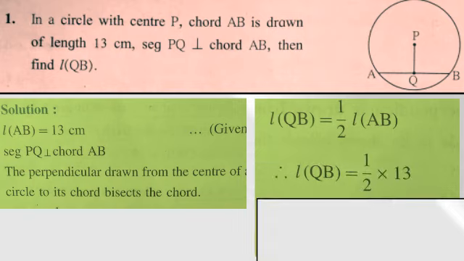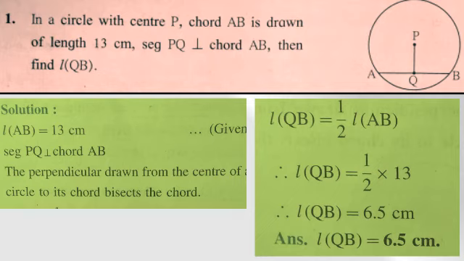Therefore, length of QB is equal to 1/2 multiplied by 13, because the chord AB is 13 cm. If we do the calculation, we get the answer: length of QB is equal to 6.5 cm. Let's write the answer in words, that is, length of QB is equal to 6.5 cm. If you want, you can take a screenshot and write the answer systematically in your classwork notebook.